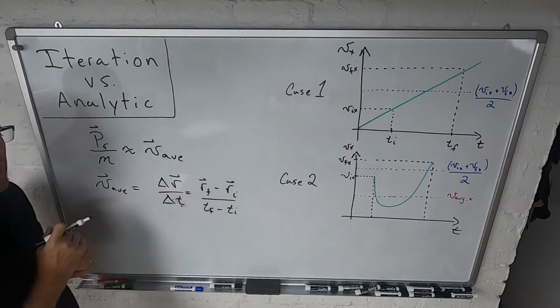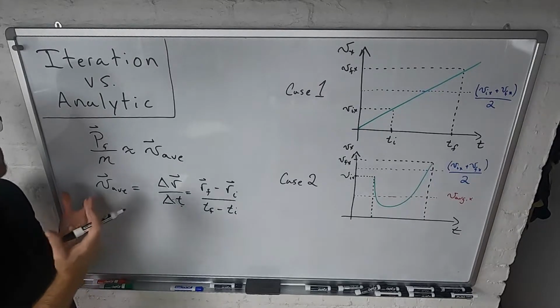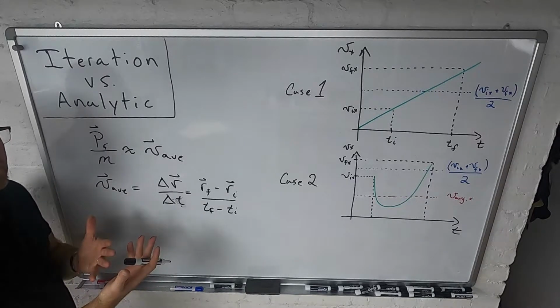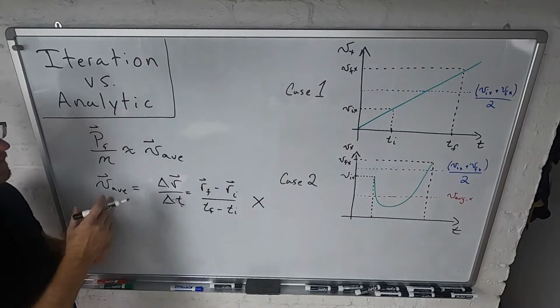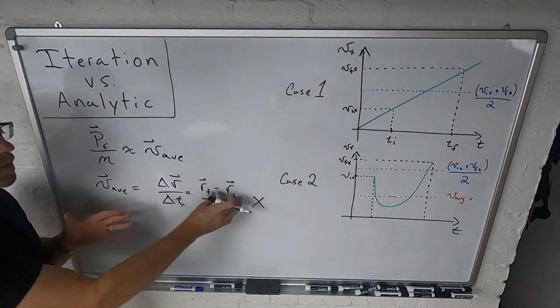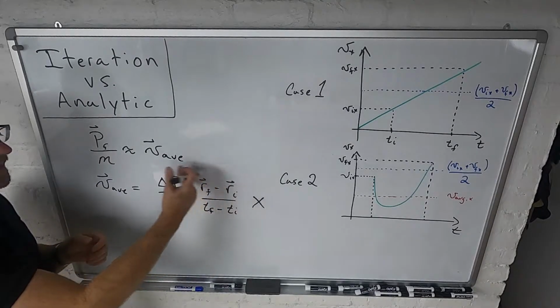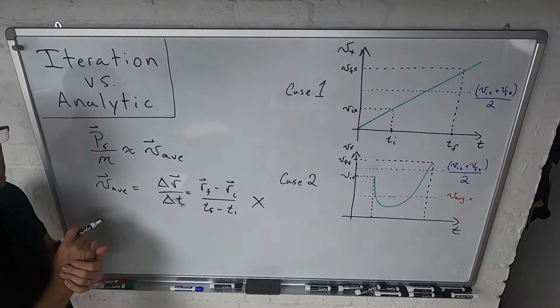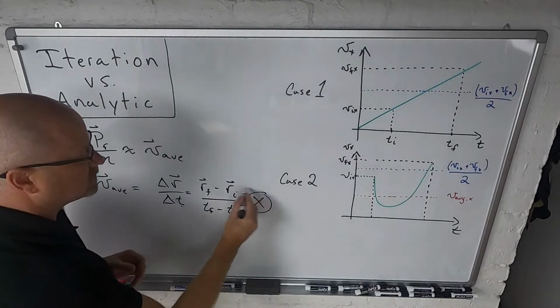We don't have knowledge about the trajectory of this ball. The trajectory is something we want to understand. And so we can't just plug this directly in and say, I know the average velocity at all points in time because I know where the ball is going to be at some time later. I want to perhaps calculate this value of delta r, or of r. And so we can't necessarily do this.